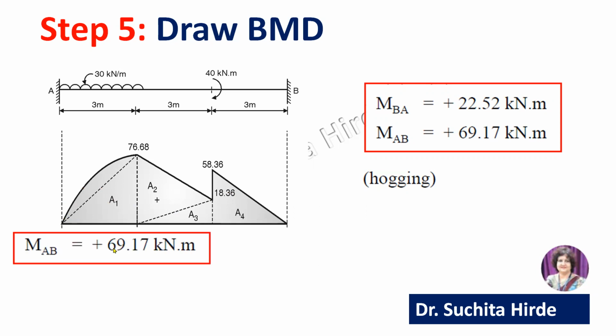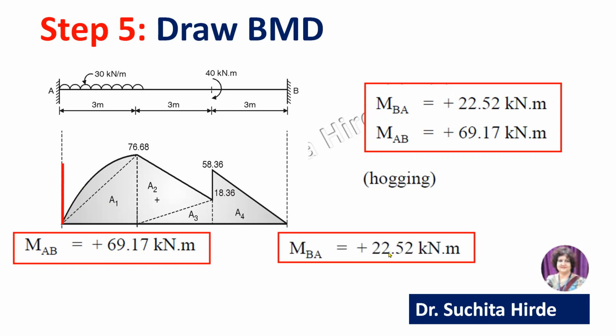Now here MAB is 69.17. So we will draw ordinate 69.17 here. Then here we know that MBA is 22.52. So draw here 22.52 and join this. Whatever portion is there which is above this line is positive, and whatever portion which is not overlapped with positive diagram is the hogging portion.